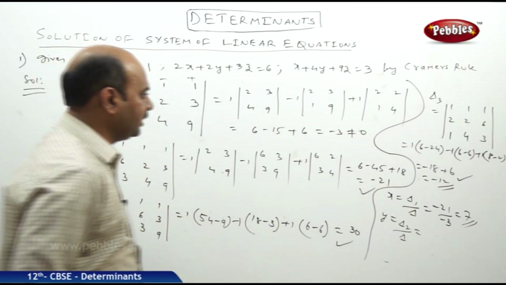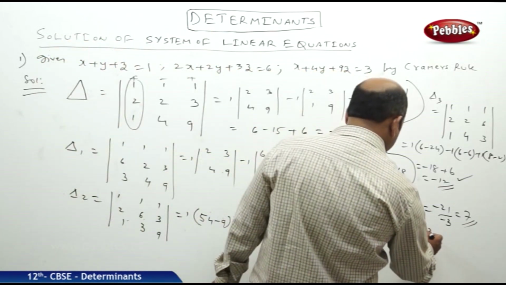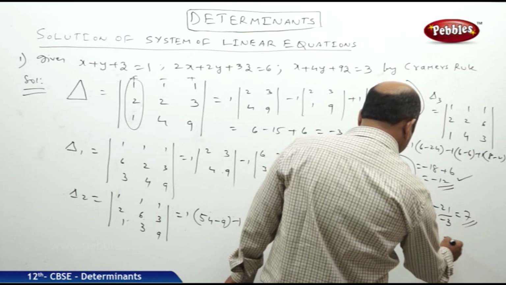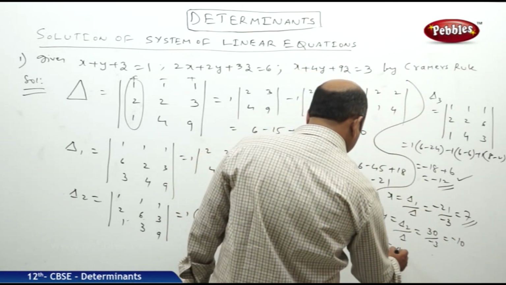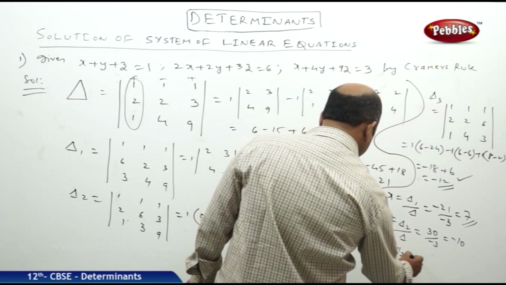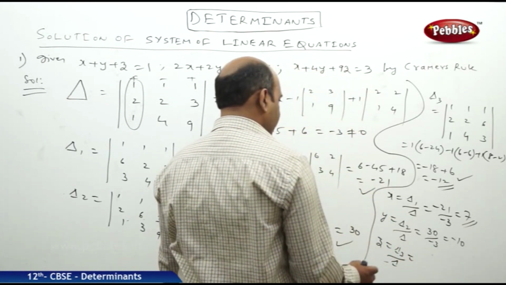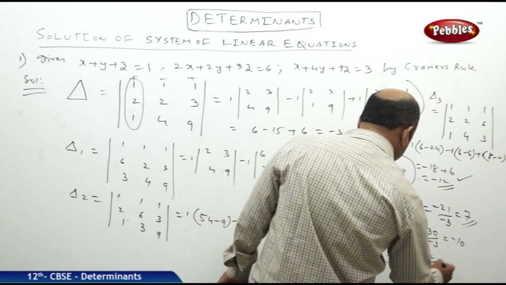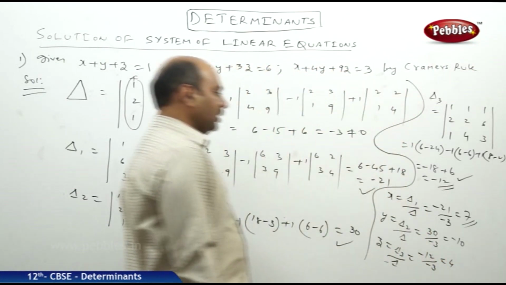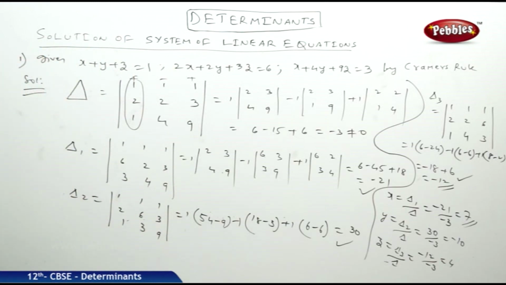Delta 2 means 30. 30 divided by minus 3 means minus 10. And z is equal to delta 3 by delta. That means minus 12 by minus 3, which is equal to 4. So x value I got as 7, y value as minus 10, z value as 4.